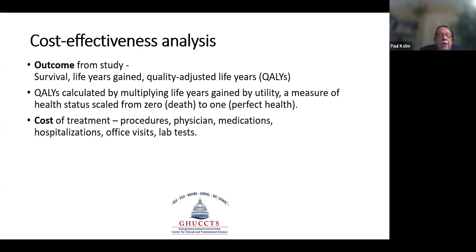And there are different instruments that measure this, but they're all scaled from 0 to 1, 1 being perfect health. And for cost, there are different things that you may or should take into account: costs of procedures, physician cost, medication costs, hospitalization, and so on.